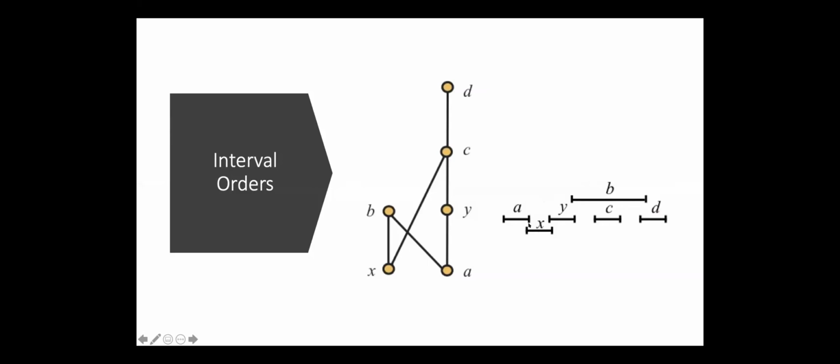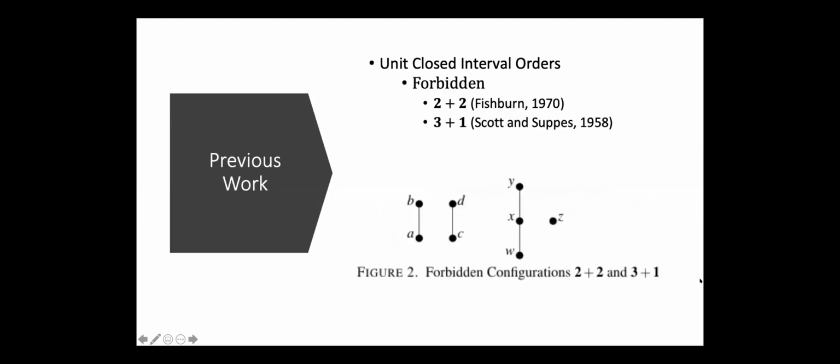The interval for x is not related to the interval for a. I also want to draw your attention up here to the interval for b, which is incomparable to y, it's incomparable to c, and it's incomparable to d. And you'll see that the interval for b does indeed intersect the intervals for y, c, and d. So that's kind of how we would go between these two things and check how these two things go back and forth to each other.